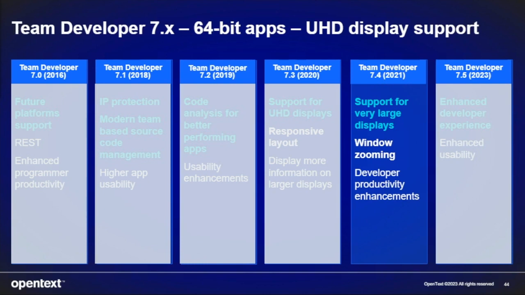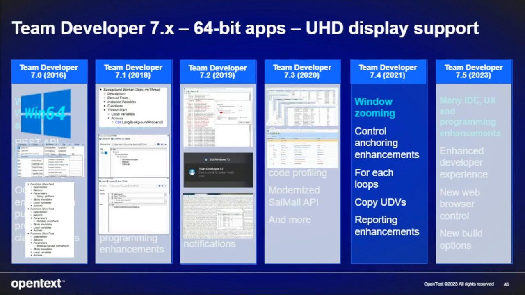That's very helpful for the older generation that usually has stronger glasses on, like myself, and so you can increase basically the font size of the contents of a window. Also developer productivity enhancements. So window zooming from 100% to 400%, programmable, control anchoring enhancements.